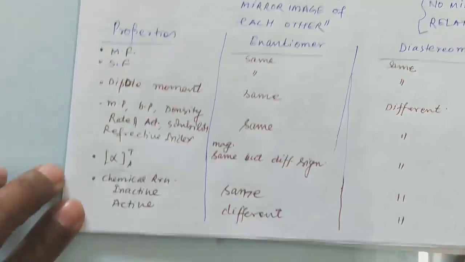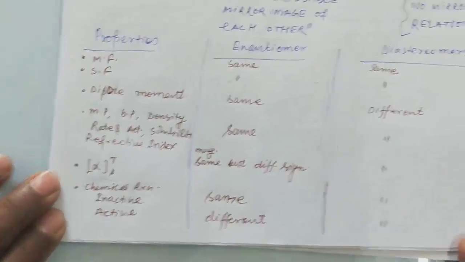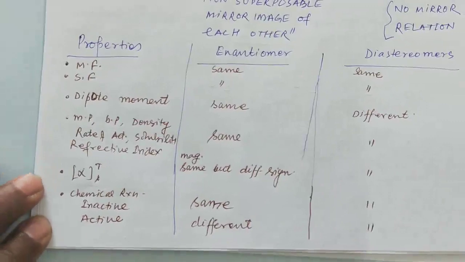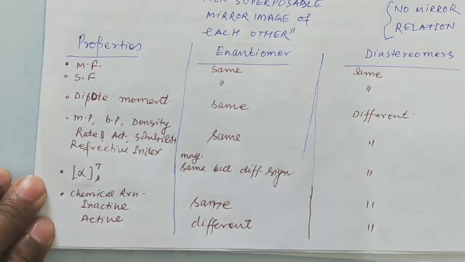So if you compare the properties of enantiomers and diastereomers, enantiomers have all the physical properties the same. In chemical reactions, they have the same rate of reaction with an optically inactive reagent, but with an active reagent they have different rates.